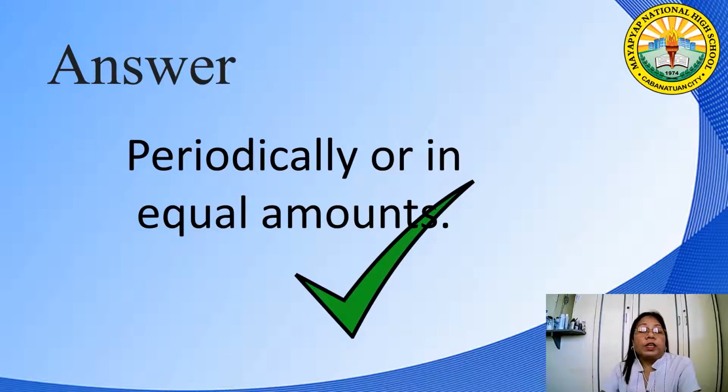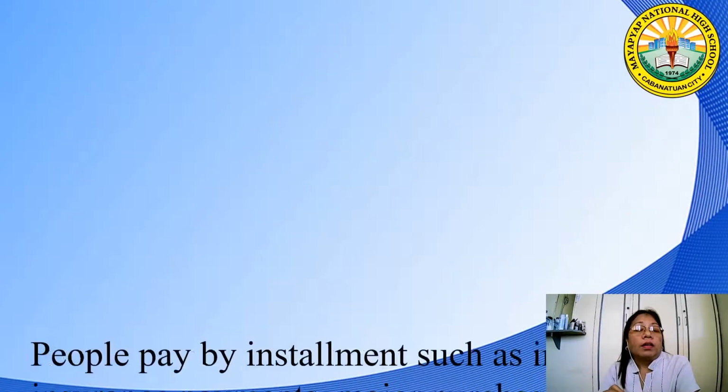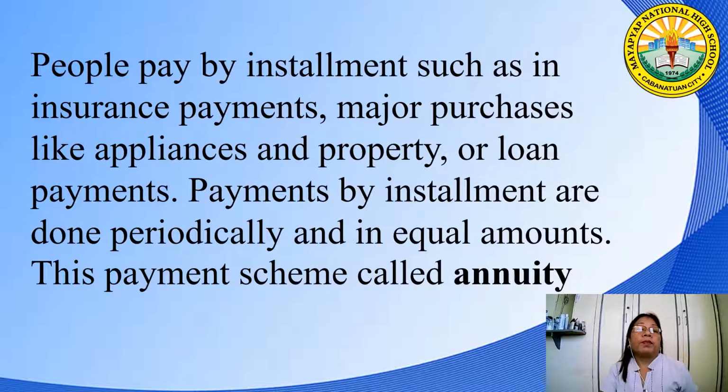Okay, class, so today we are going to discuss this scheme of payments. People pay by installments, such as in insurance payments, major purchases like appliances and property, or loan payments.